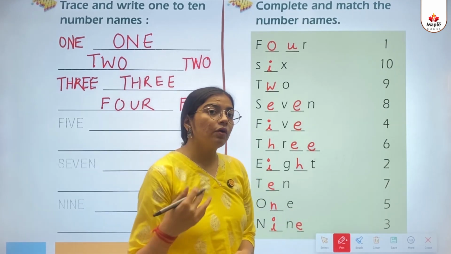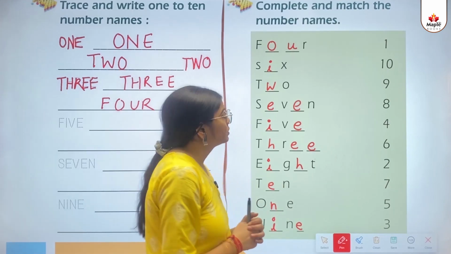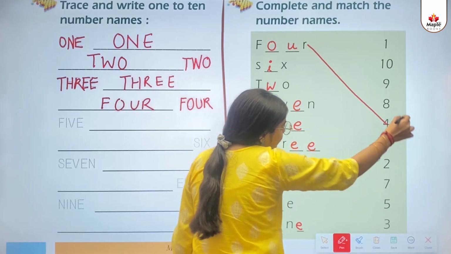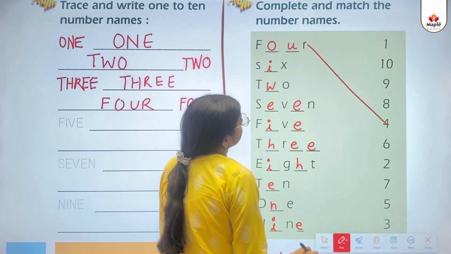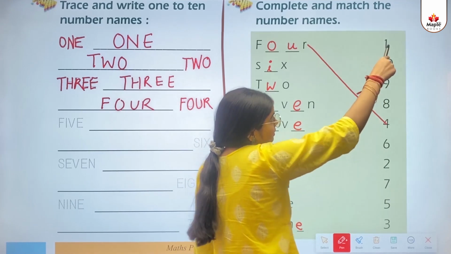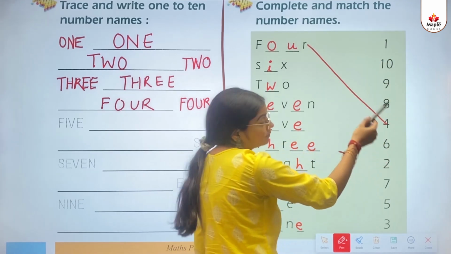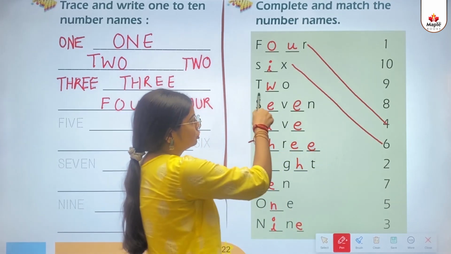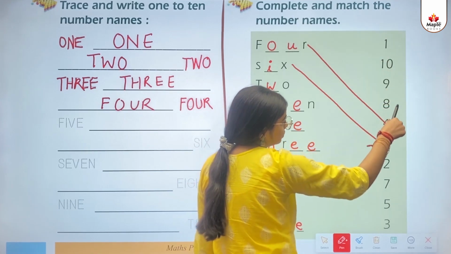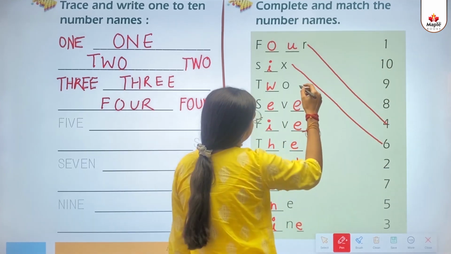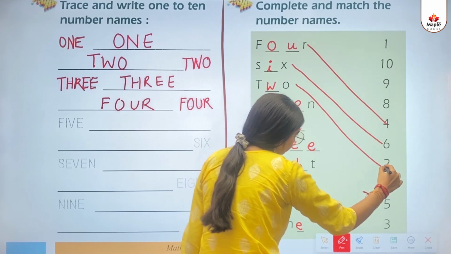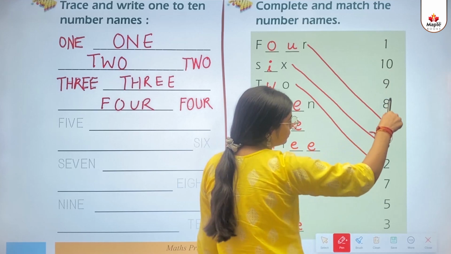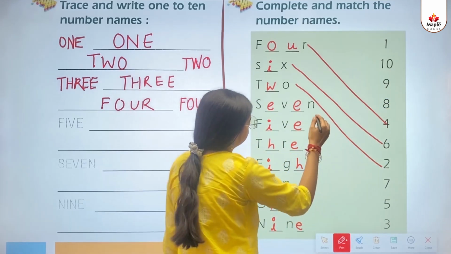Then now we have to match the numbers. First, 4. 4 is written here. Then 6. We will find 6. Then 2. This is 2. Then 7. This one is 7.